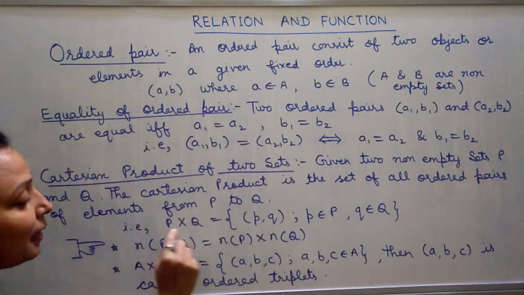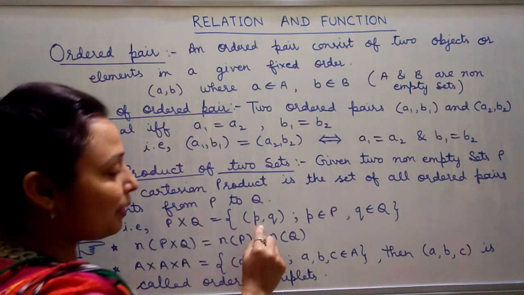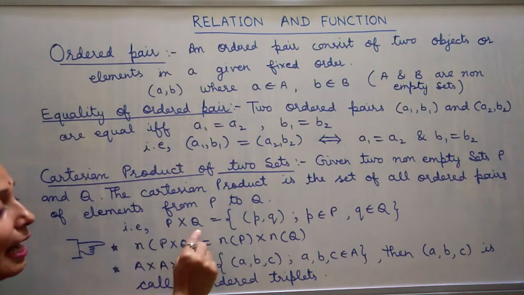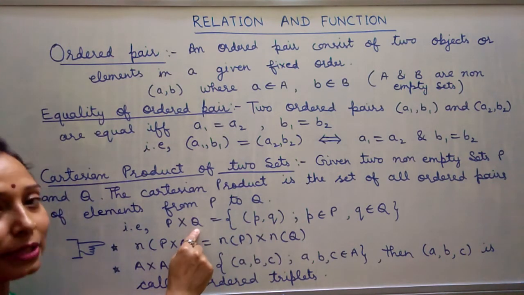Let us take P cross Q. So we will take P cross Q as (p, q), in which the first element belongs to the first set and the second element belongs to the second set.